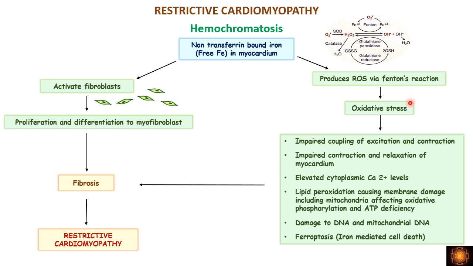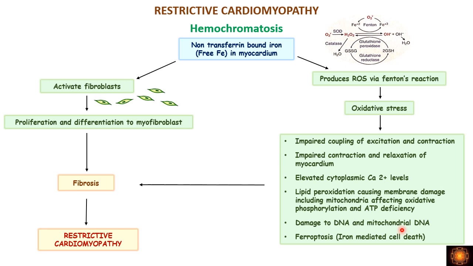Now these free radicals cause oxidative stress. So when there is oxidative stress in the myocardiocyte, there is an impaired coupling of excitation contraction. You have impaired contraction relaxation of the myocardium, elevated cytoplasmic calcium levels, and the free radicals cause lipid peroxidation of the membrane, damage to the DNA, and even cause apoptosis.